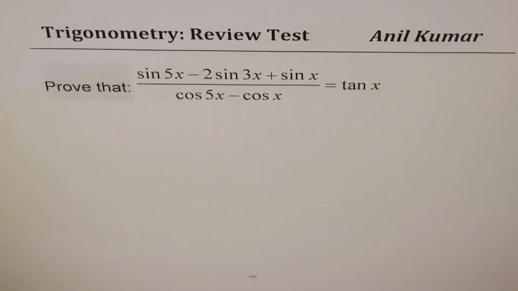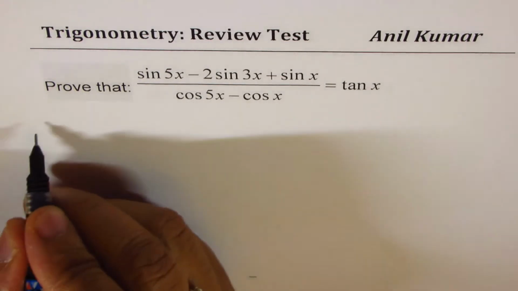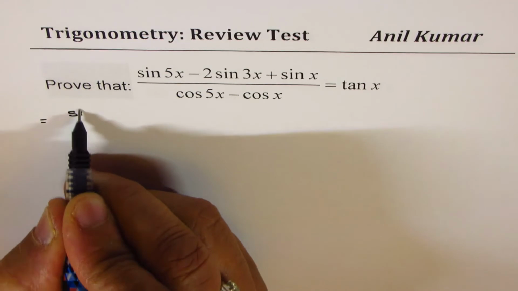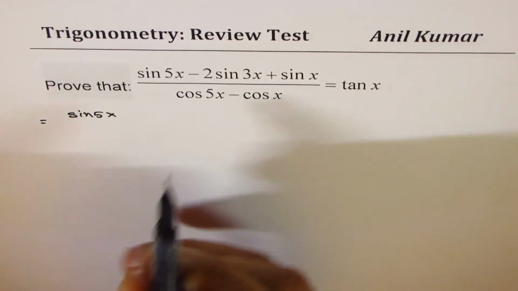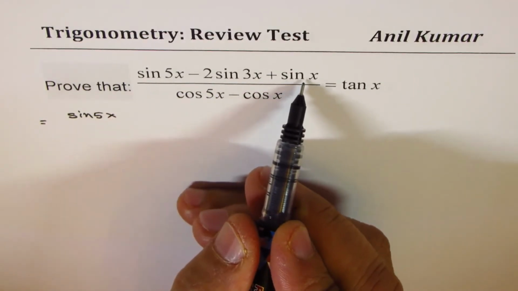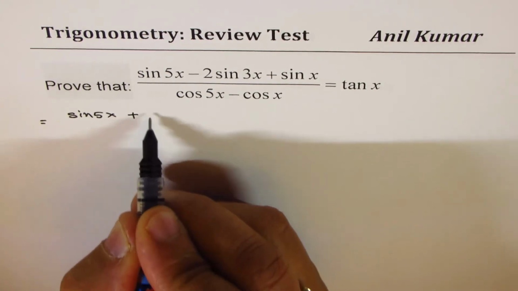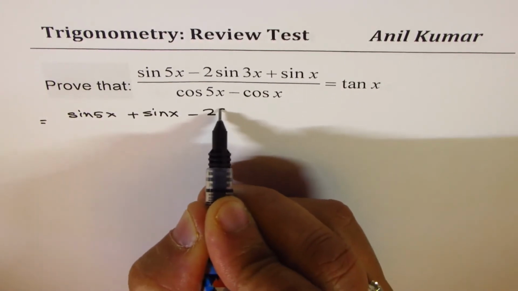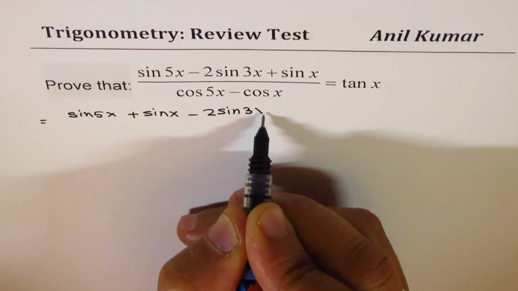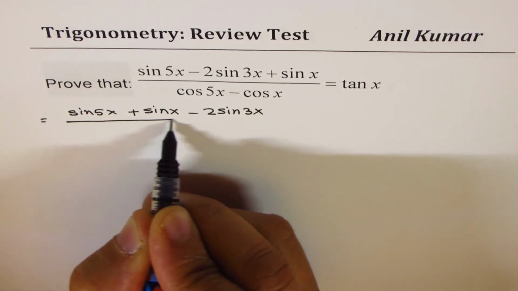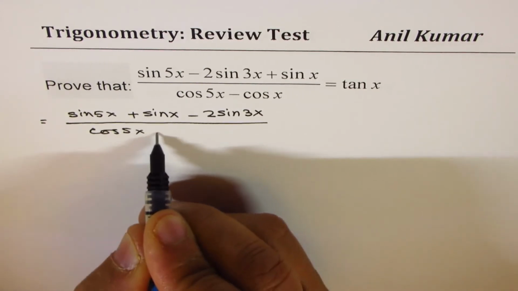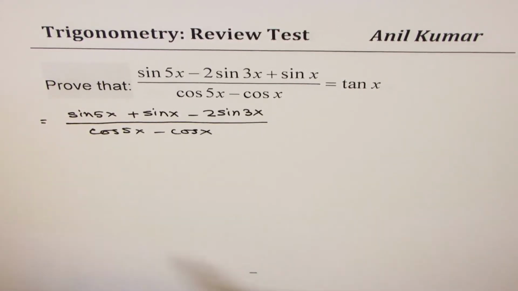We'll begin from the left side, which is given to us as sine 5x. We'll just rearrange and bring sine x first, so we'll write this as plus sine x minus 2 sine 3x over cos of 5x minus cos x. Correct.